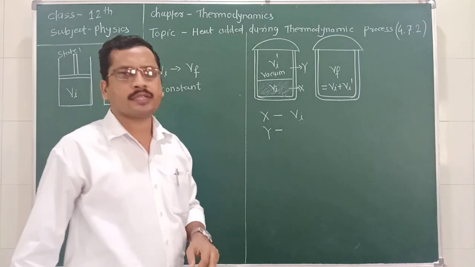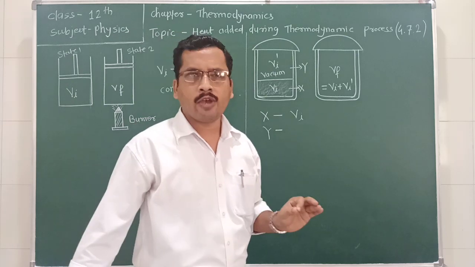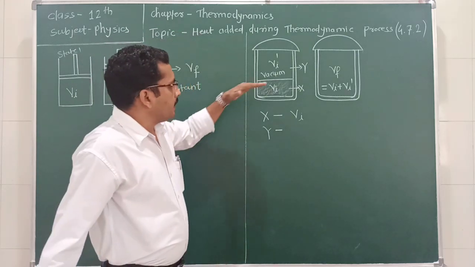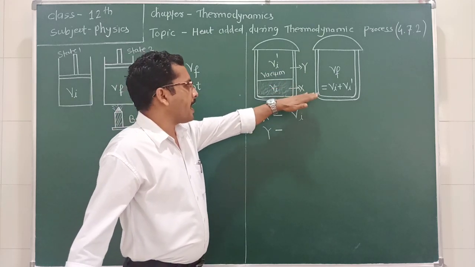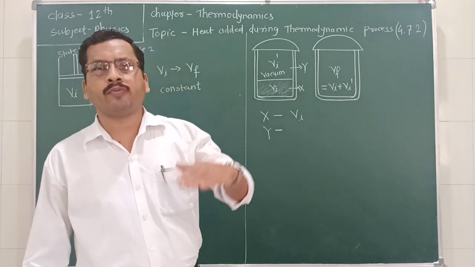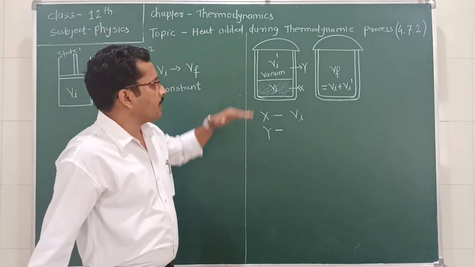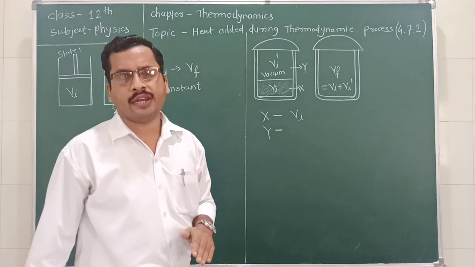We can consider compartment Y as a vacuum. So there is a lot of space available for the gas in compartment X to expand, such that the heat remains inside this cylinder.